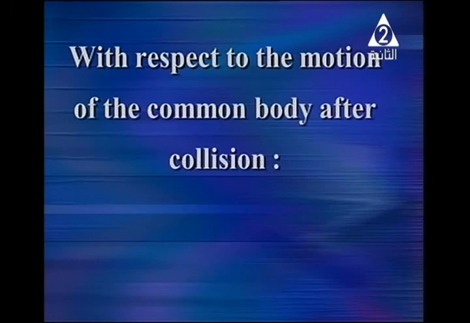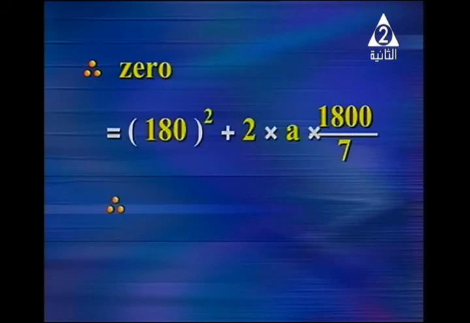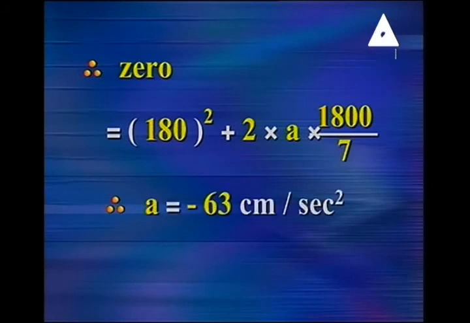With respect to the motion of the common body after collision, v squared equals v naught squared plus 2as. By using substitution, 0 for v squared, v naught squared 180 squared plus 2 times a times 1800 over 7, then the acceleration is negative 63 centimeter per second squared.